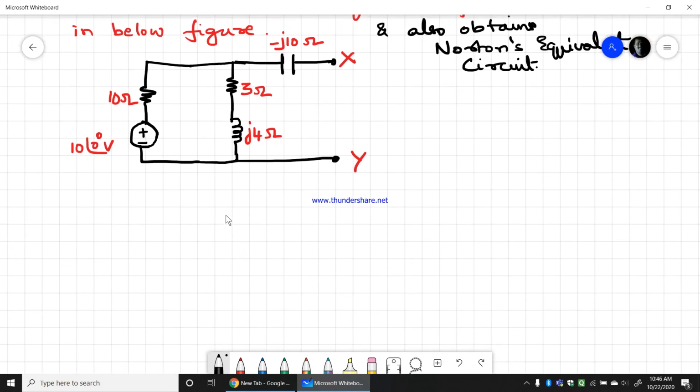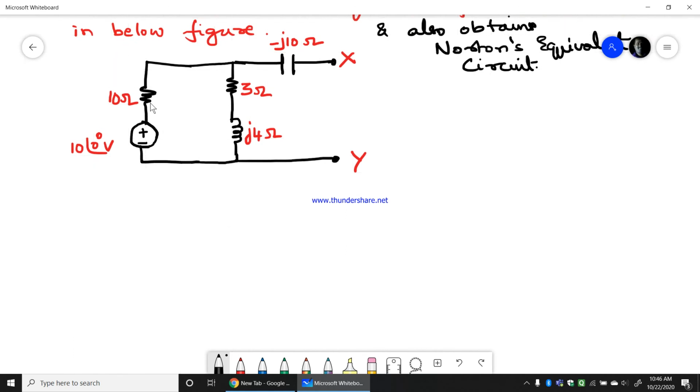So in this theorem, first thing is we need to see the circuit, and when we are finding out Thevenin's circuit, the first job is you need to find out what is VTH. Okay, so for VTH we should see through that this circuit, whatever we have will be open, right?